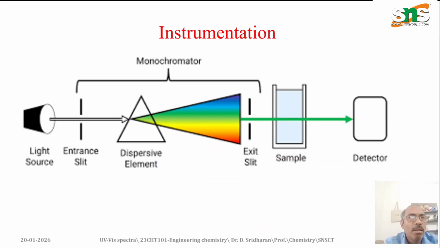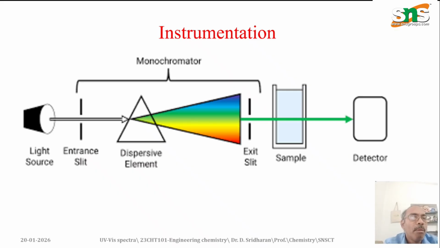This is a simple schematic diagram of UV visible spectroscopy instrumentation: light source and entrance slit, dispersion element and exit slit, and also showing here the sample and finally the detector. For the light source, we use a selective UV visible range source, and it passes through the sample.